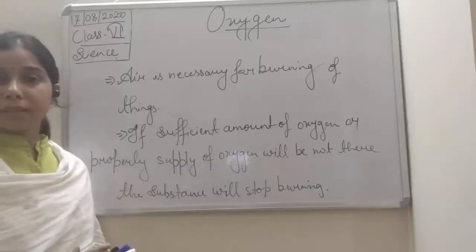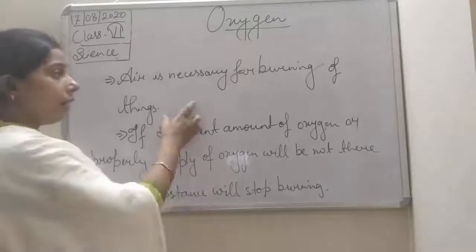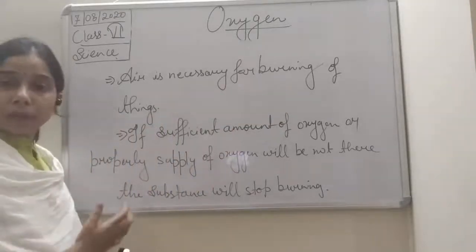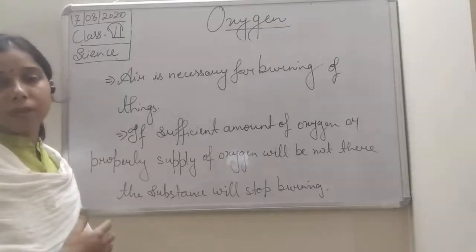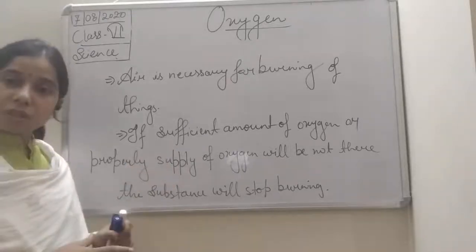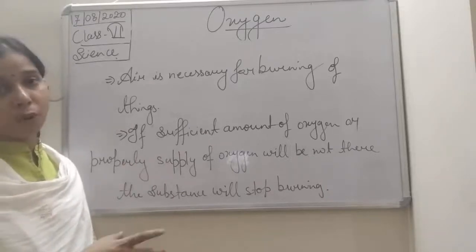So by this activity we come to the conclusion that air is necessary for the burning of a thing. For a burning substance, air is a good supporter. It supports the burning, and it is the oxygen present in the fresh air that is used for the burning.